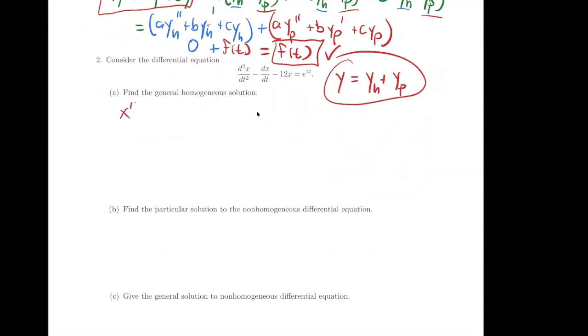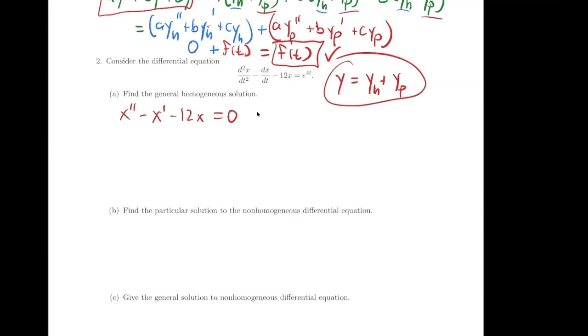This is the material that we started with, where we have second derivative minus first derivative minus 12x. So we're going to find the homogeneous solution. So we're just going to ignore that e to the 4t term. And then from this, we set up our characteristic equation. And then this one factors into r minus 4 and r plus 3.